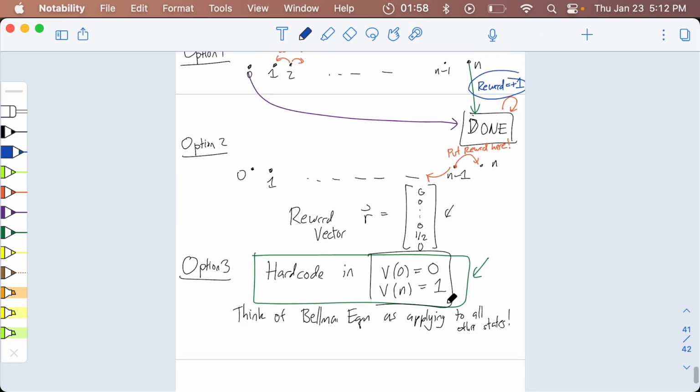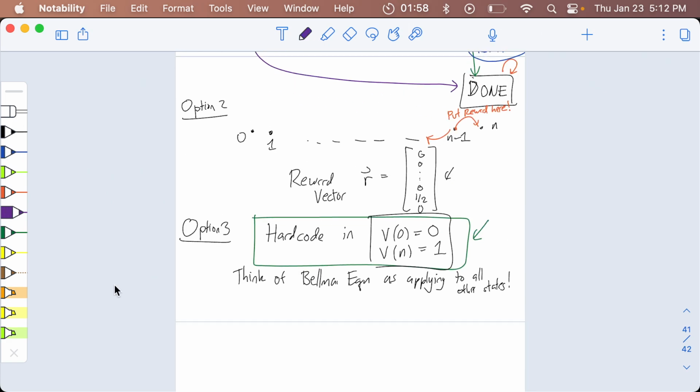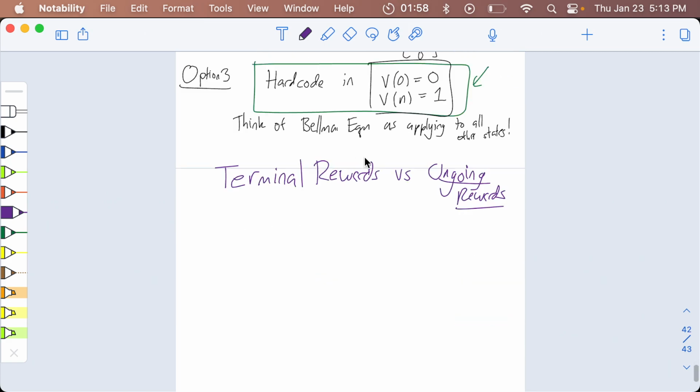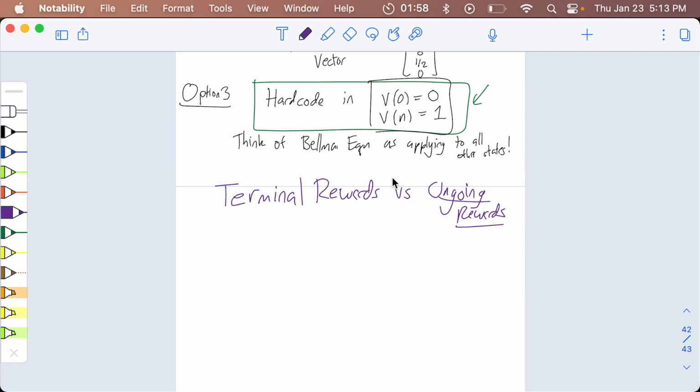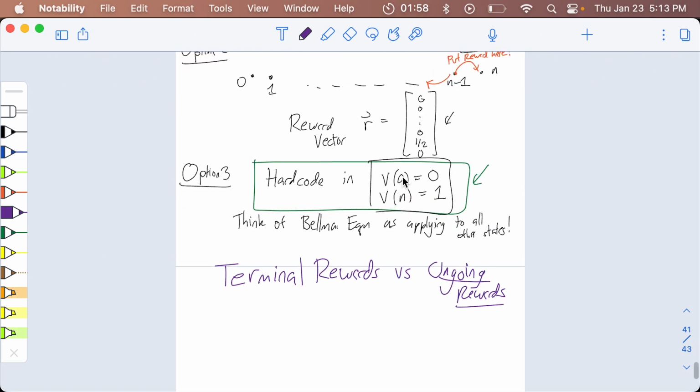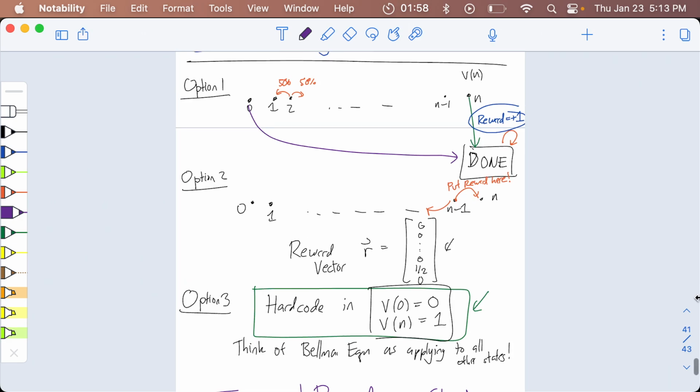And again, this is what I come down to when I think of terminal rewards versus ongoing rewards, right? That I think I mentioned last class. Ongoing rewards I think of as things that you really get on the way. And terminal rewards are like these ones, where I just hard code in their values. And if you want to make them all equivalent, you can just say there's a picture like this where there's a special done state.